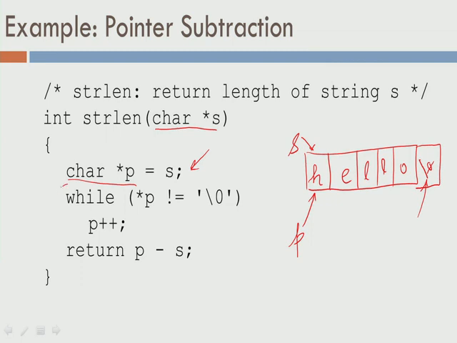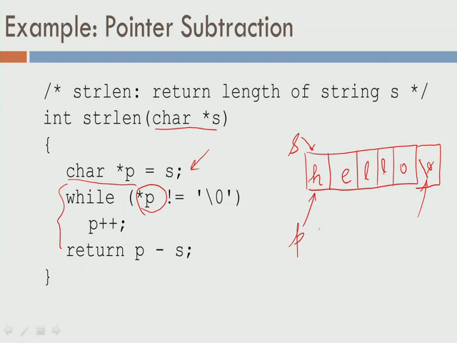So, there is a while loop here that keeps checking if the contents of the memory location pointed to by p is \0 or not. So, there is a special character \0. I am going to start from location h, where h is stored, all the way till I see a \0. So, initially p is pointing at h and star p is not equal to \0, so we do a p plus plus.